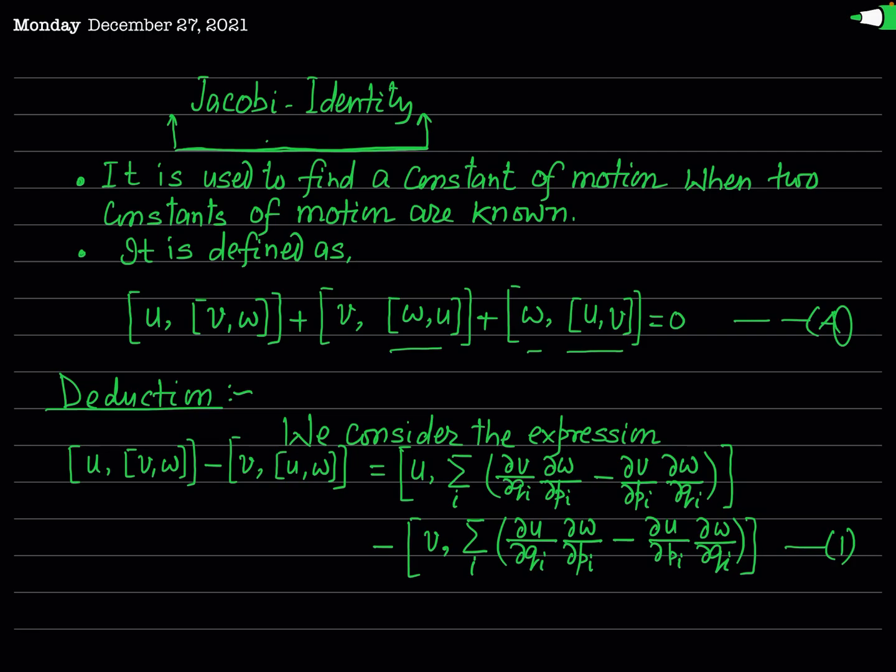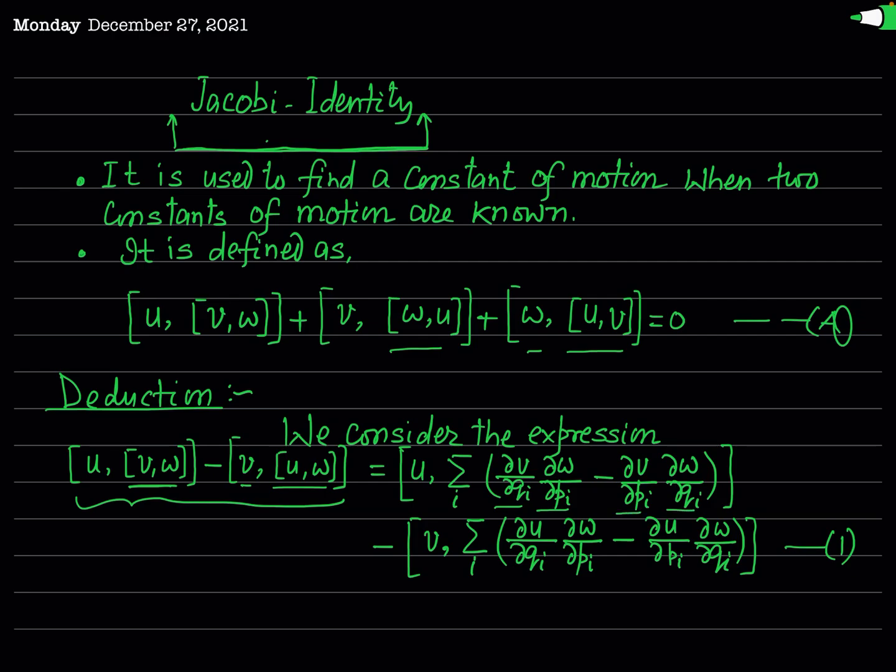For deducing this identity, let us consider the expression: Poisson bracket of variable U with Poisson bracket of V and W, minus Poisson bracket of V and Poisson bracket of U and W. Now from the definition of Poisson bracket, the Poisson bracket of V and W is defined like this: summation over i of del V by del Qi times del W by del Pi minus del V by del Pi times del W by del Qi.